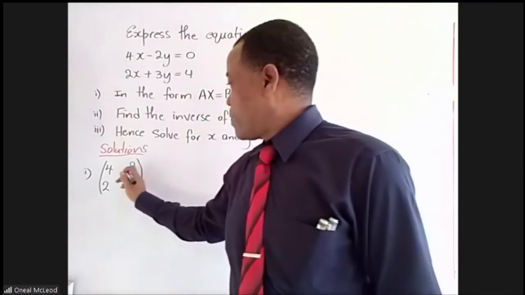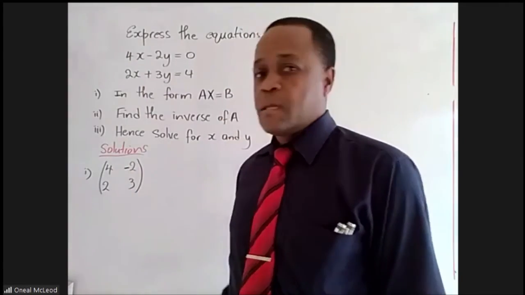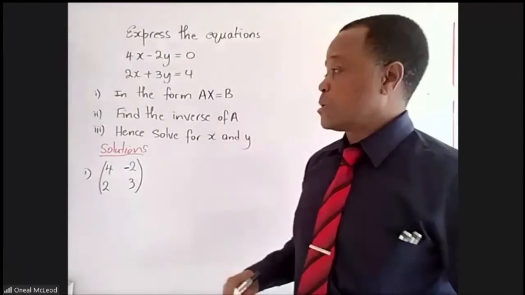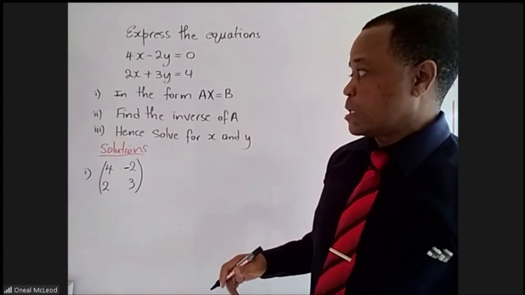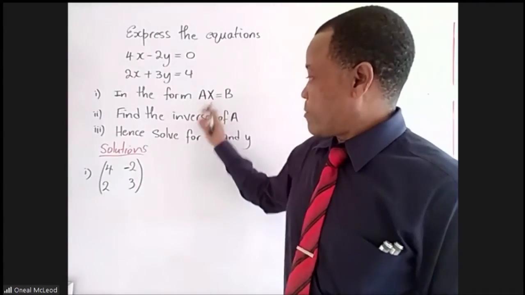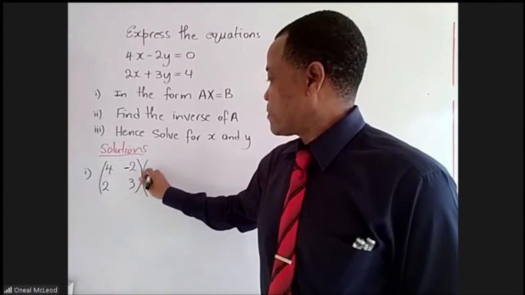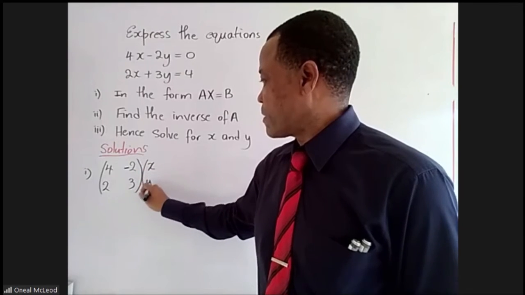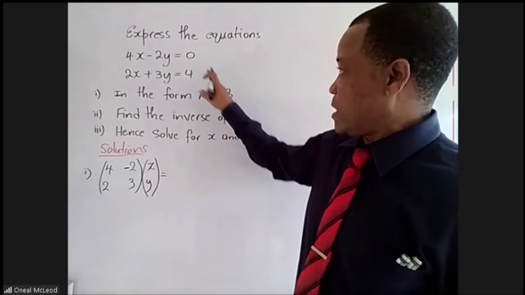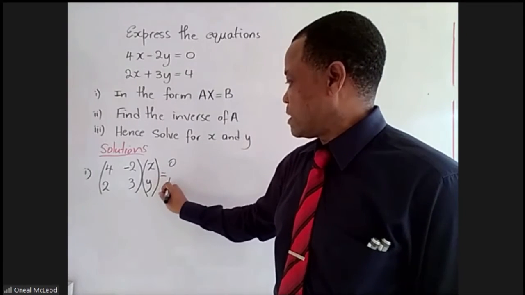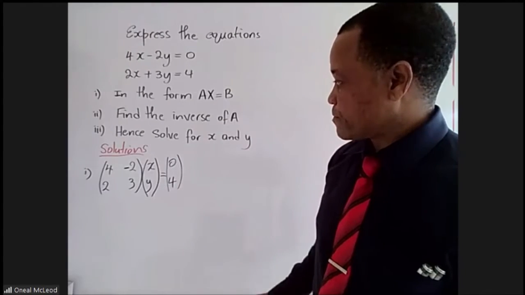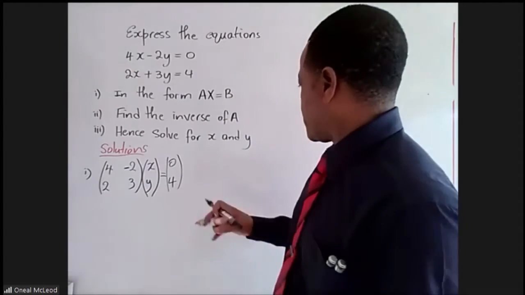So in this case, we must bring the sign down there with it. So good. I appreciate that you're paying keen attention to what we're actually doing. So that is now correct. So our matrix X now would be X and Y. And this is going to be equal to matrix B, which in this case is going to be 0 and 4. All right, so there we have it. Good. So that's part 1.